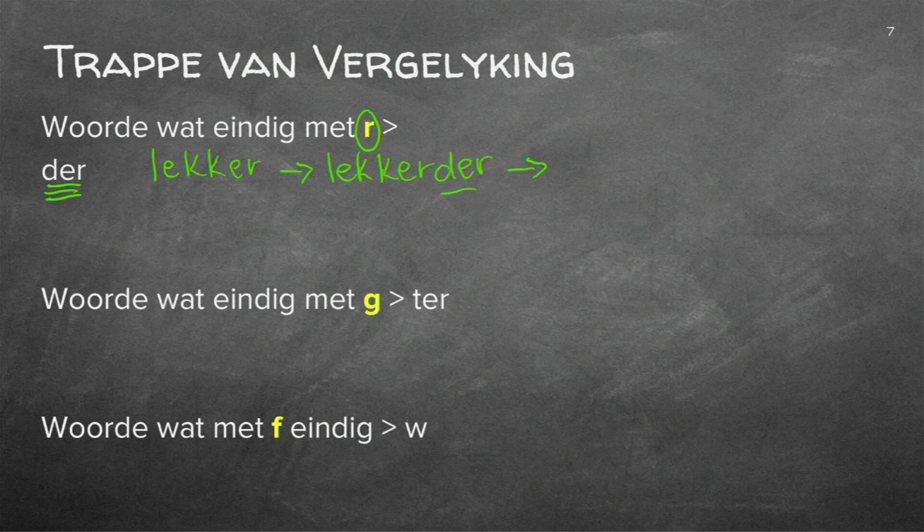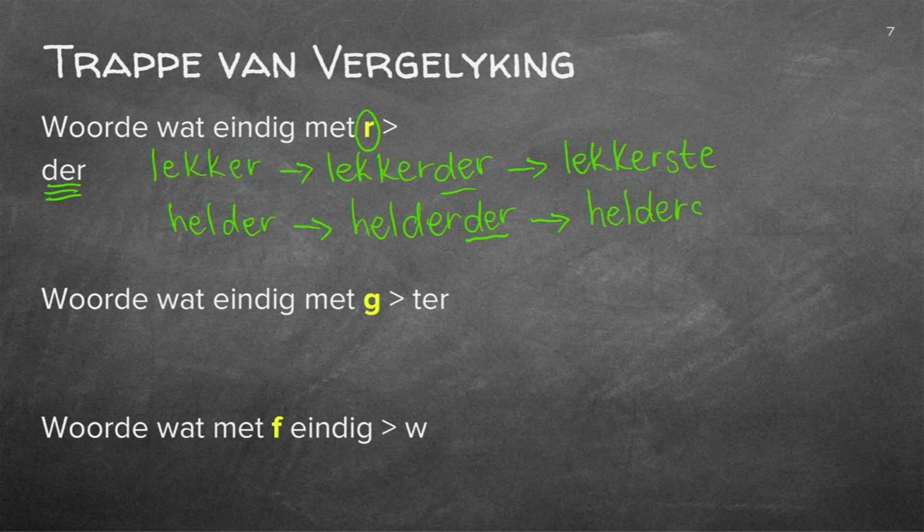And then in the third step, you are going to go back to your original word and you simply add st. Another example is helder, bright. So helder in the second step will become helderder. And in the third step, we are going to say helderste. Reg.